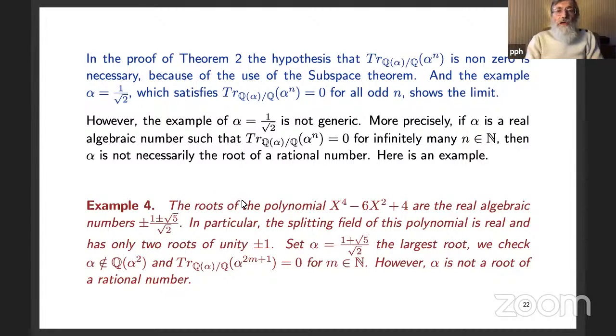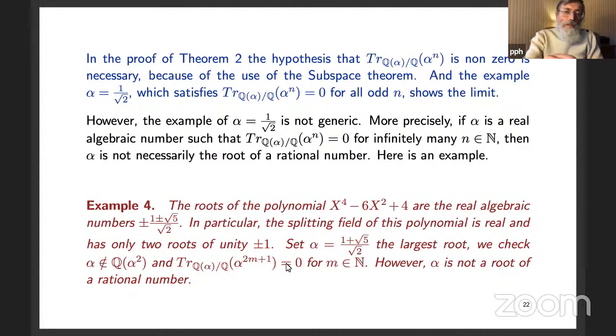Now we set alpha to be the largest root, let's say. I remind you that we assume alpha to be the largest root. And we check that the trace over Q of alpha to the odd power 2m plus 1, for any m, is 0.